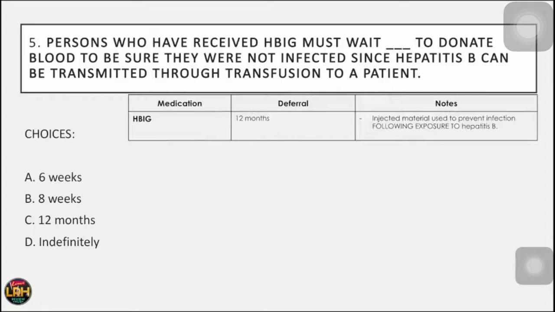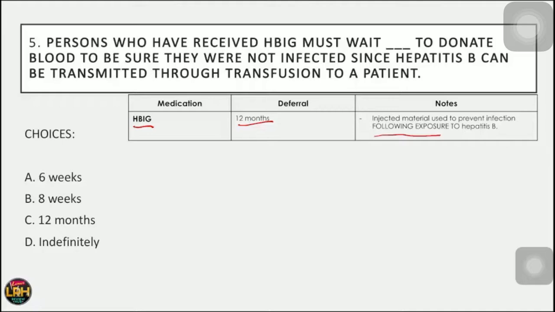So, your hepatitis B immunoglobulin is an injected material used to prevent infection following exposure to hepatitis B. Although HBIG does not always guarantee prevention from Hep B infection, persons who have received HBIG should wait for about 12 months to be able to donate blood.